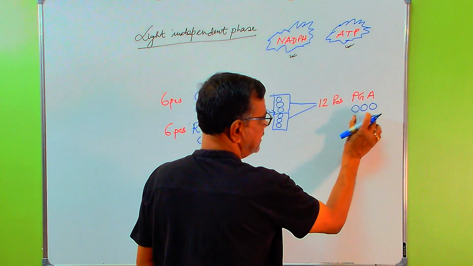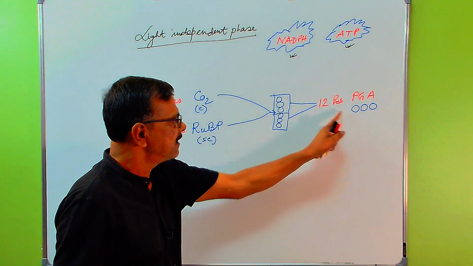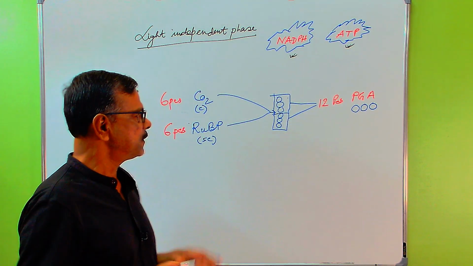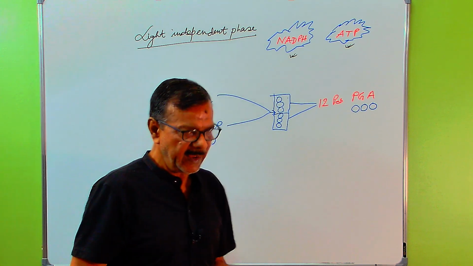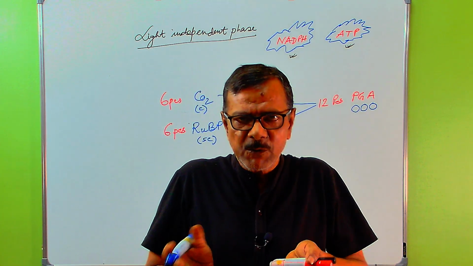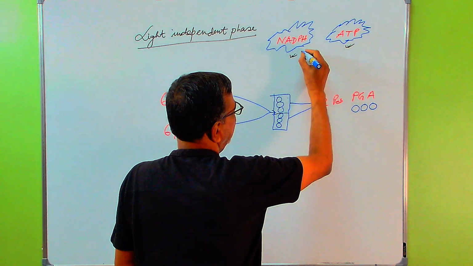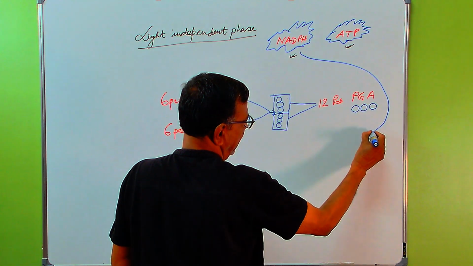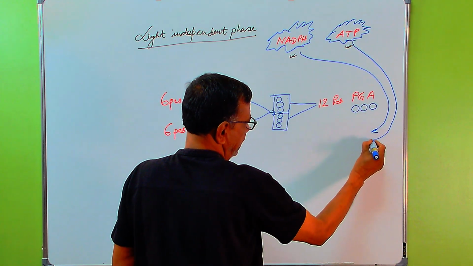Now these 12 pieces are not active in nature. You have to activate them. Simply we will take NADPH and ATP here.